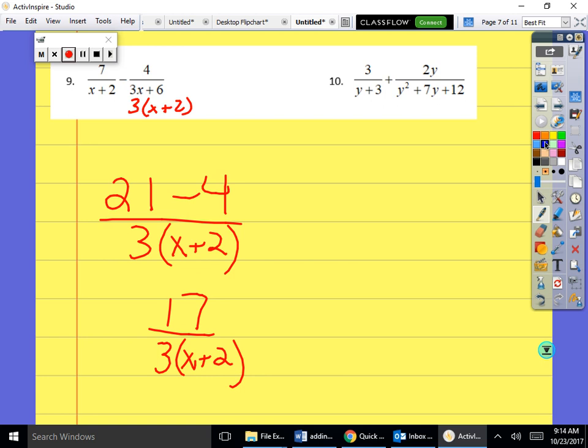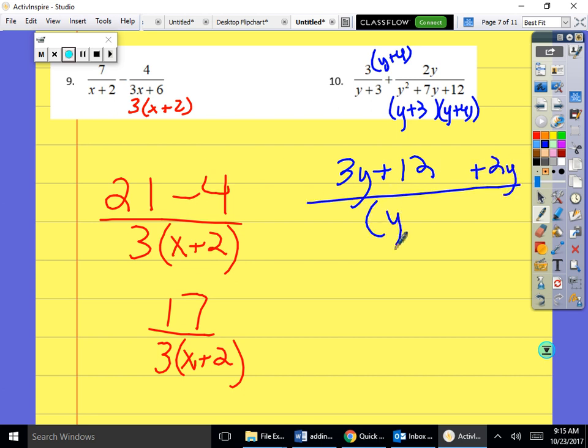All right, next one. What is this factored? Y plus 3, y plus 4. This is missing y plus 4. When I distribute, I get 3y plus 12, and then we have plus a 2y over the y plus 3, y plus 4.